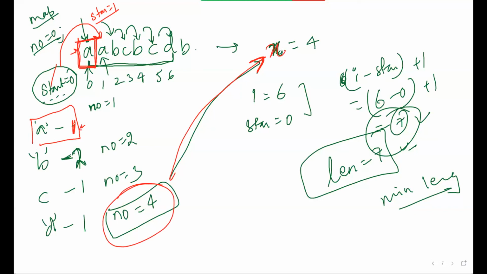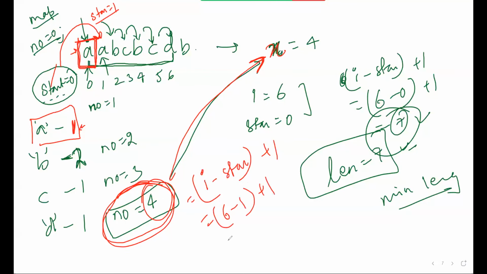So the number of distinct characters is still the same. Now I got a new length, which is I minus start plus 1 again. This gives me 6 minus 1 plus 1, which is 6. So I got a lesser length than this.